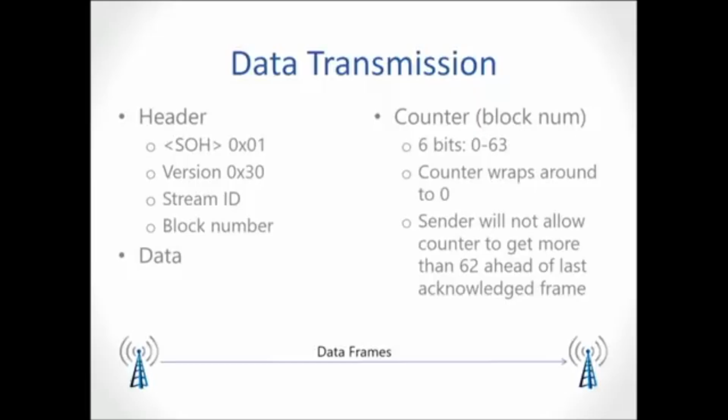It's called a block number, but we'll call it a frame count to be less confusing. The sender will keep a counter to keep track of the frame number, and it's a wraparound counter, so the sender will stop sending more frames if the prior 62 or more have not been acknowledged by the receiver.